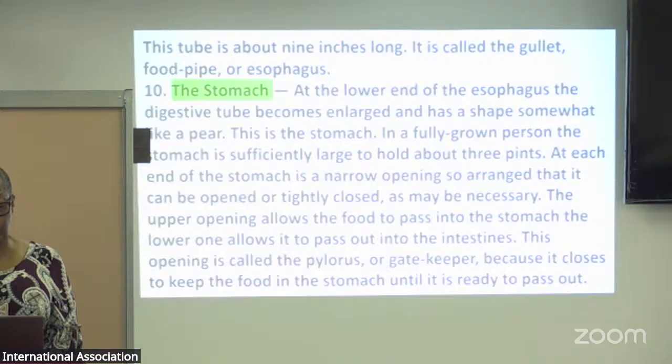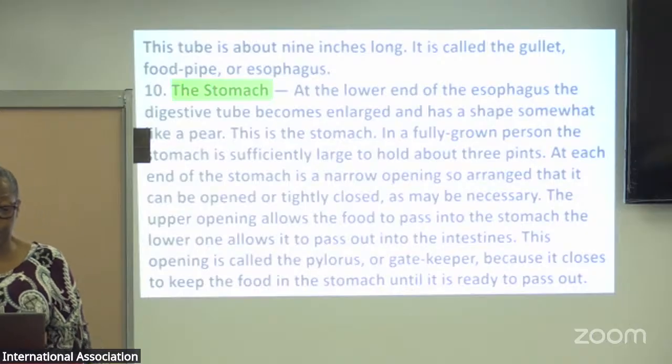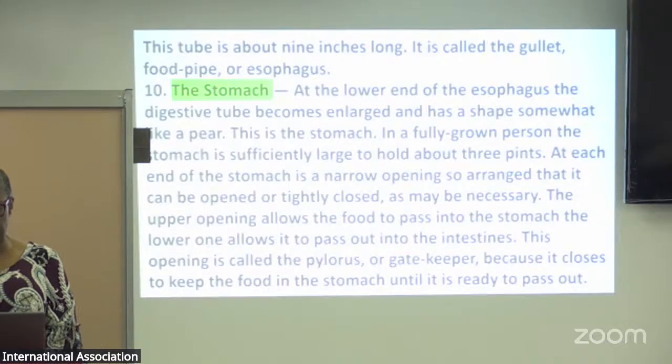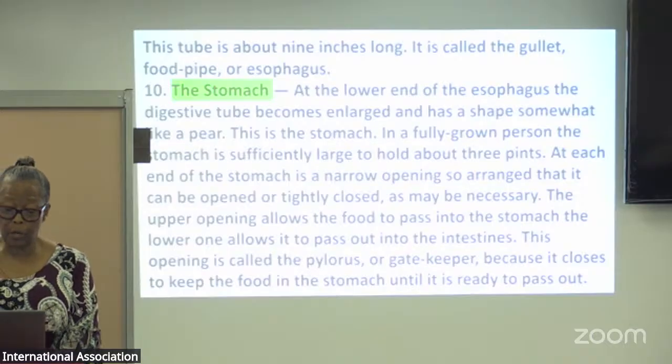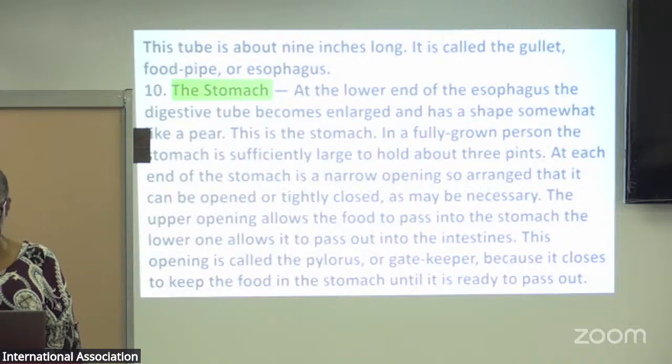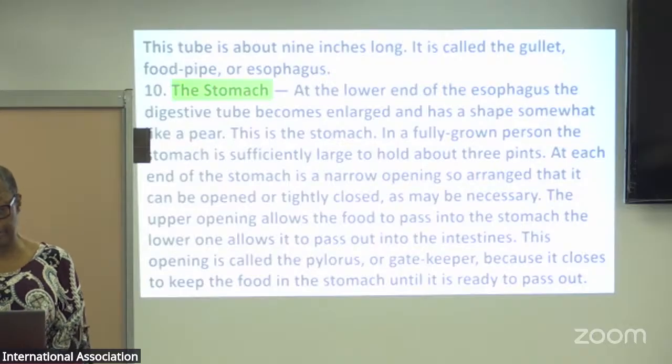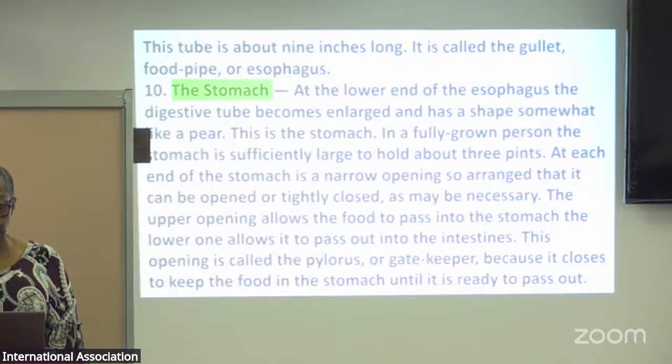At each end of the stomach is a narrow opening, so arranged that it can be open or tightly closed as may be necessary. The upper opening allows the food to pass into the stomach, and the lower one allows it to pass into the intestines. This opening is called the pylorus, or the gatekeeper, because it closes to keep the food in the stomach until it's ready to pass out.